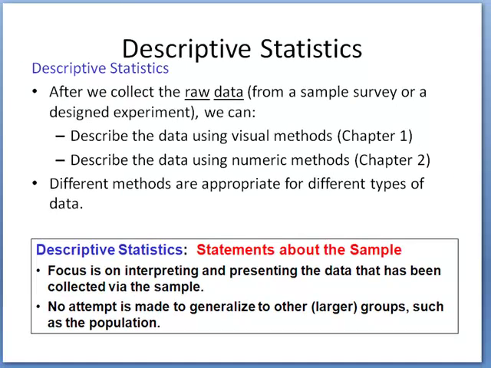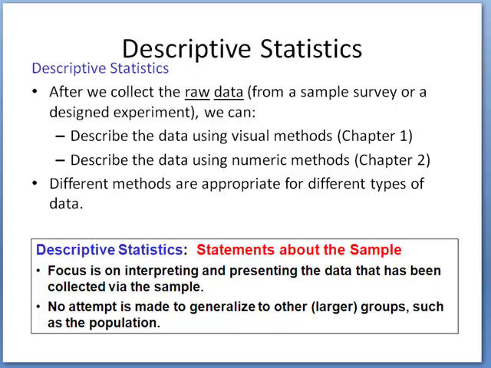So what do you do with those variables? Well, we can do what's called descriptive statistics. After we collect the raw data from a sample survey or a designed experiment, we can describe the data using visual methods, that's graphical displays. That's Chapter 1. Describing the data using numerical methods, that's what we're going to learn in Chapter 2. Different methods are appropriate for different types of data.